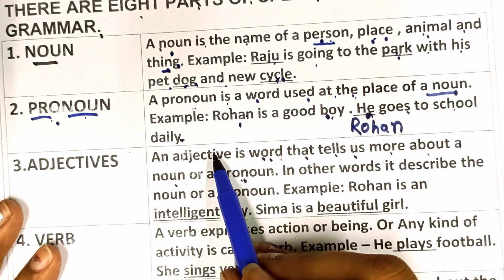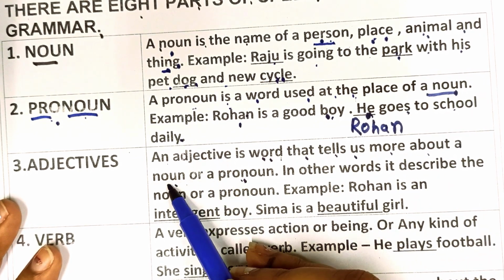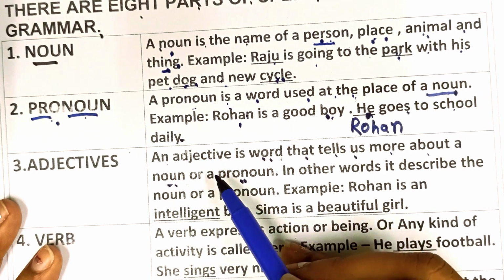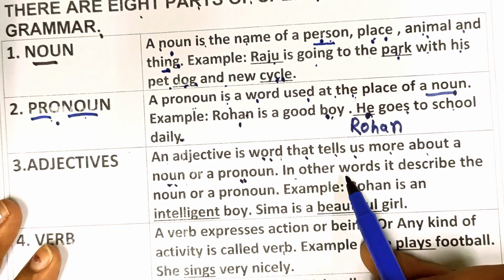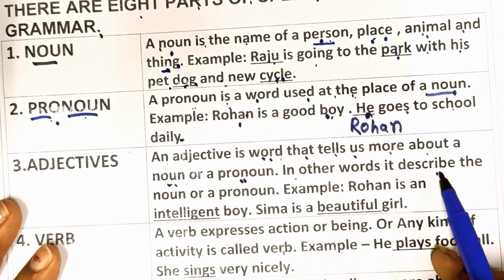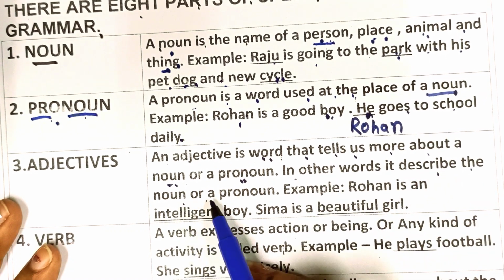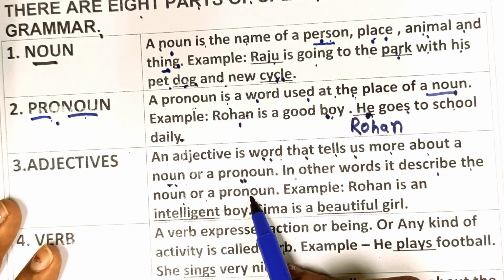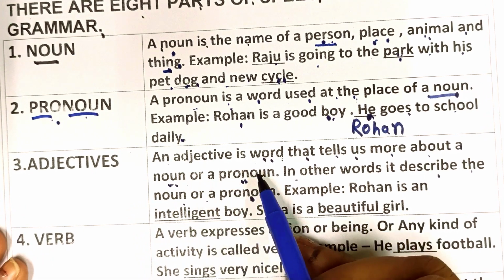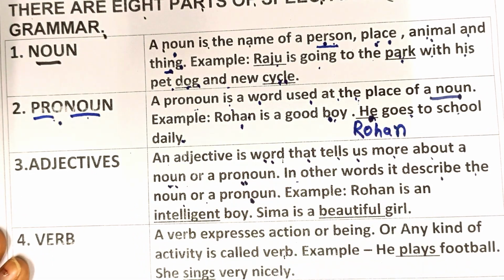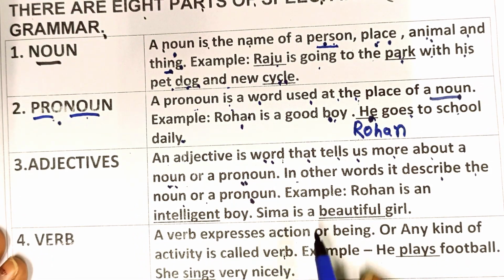Means adjectives help us to understand nouns and pronouns nicely, or in a detailed manner. In other words, it describes the noun or a pronoun. Clear? Let's understand this with example.